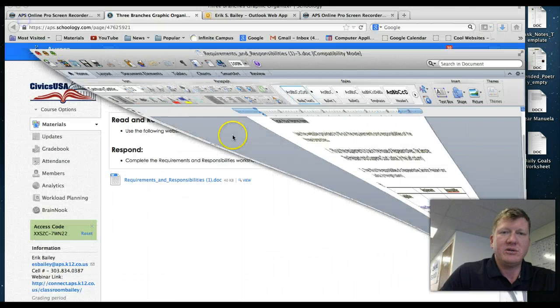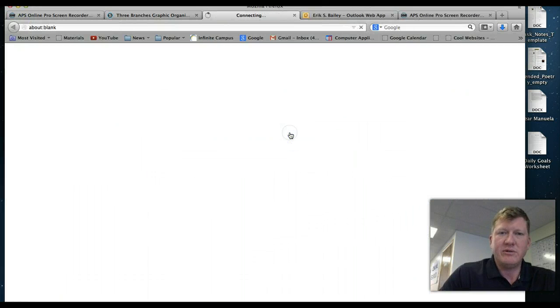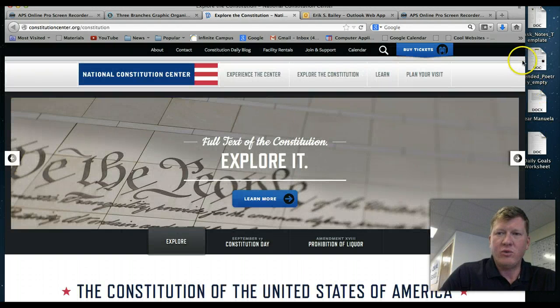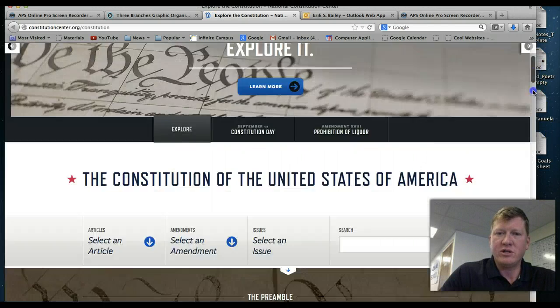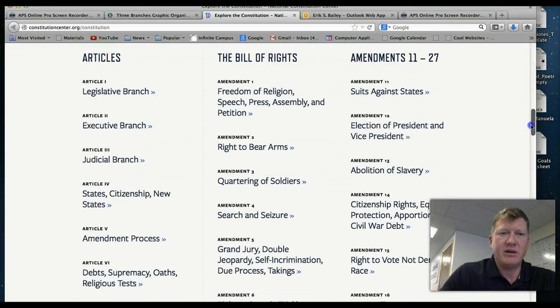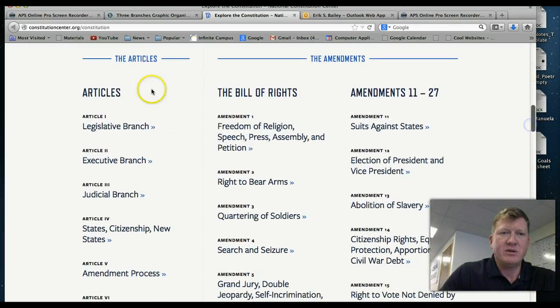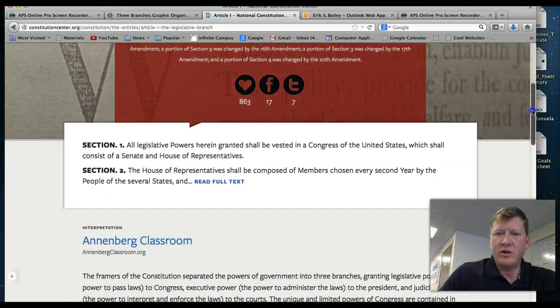To answer this, you'll go into the Constitution Center and look for Article 1. In Article 1, for the legislative branch, here's the outline of the Constitution right here. Here are the articles, and here are the amendments. Article 1 is the legislative branch. When you look up the requirements, that's the first thing you'll want to look at.